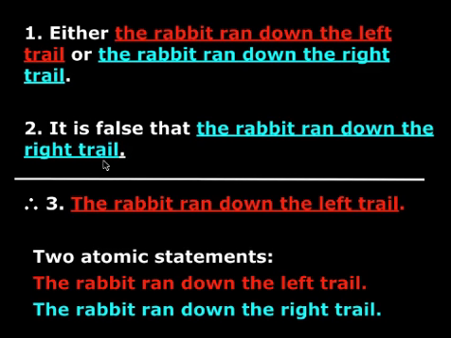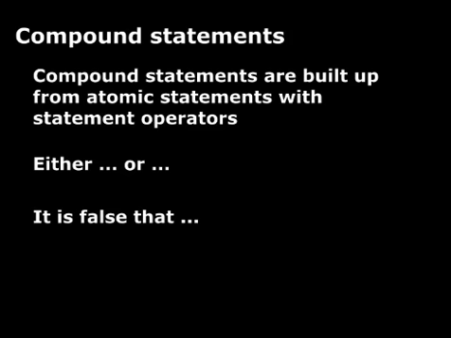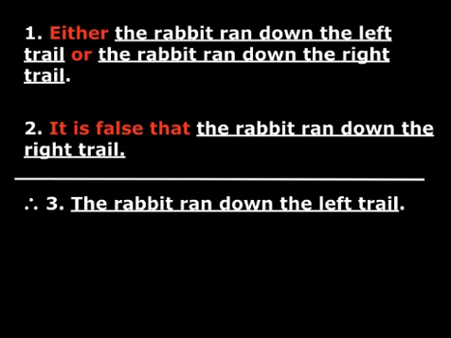Here we have an atomic statement, and it's built into this larger compound statement with this thing going on here, "it is false that." So we've seen two examples of statement operators, either-or, and it is false that. And we've seen them in operation here.